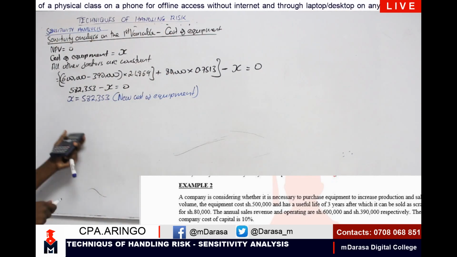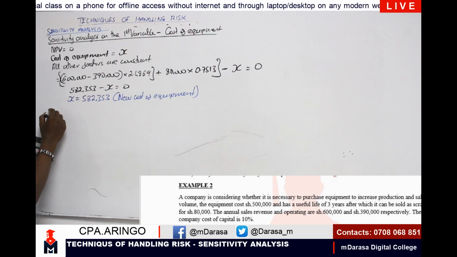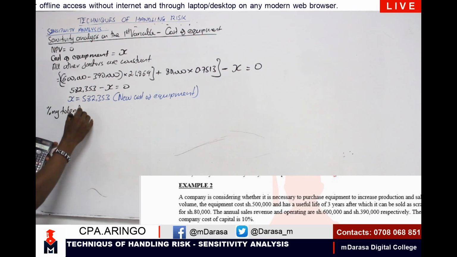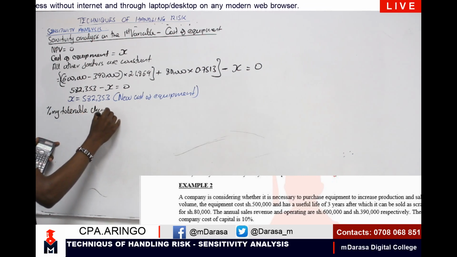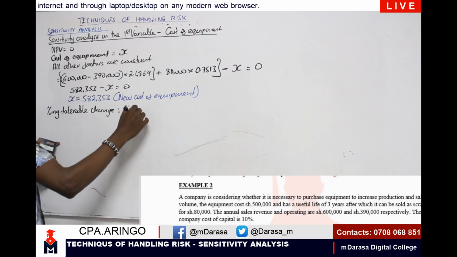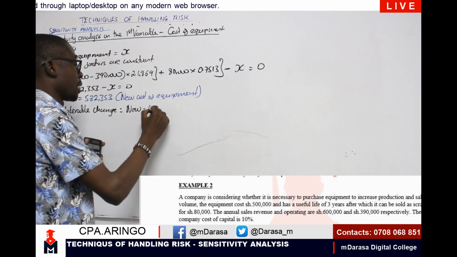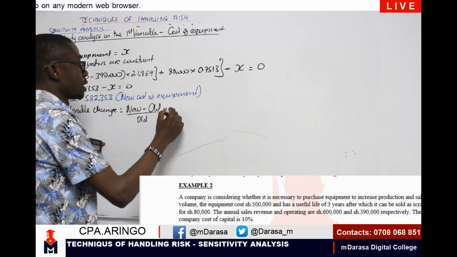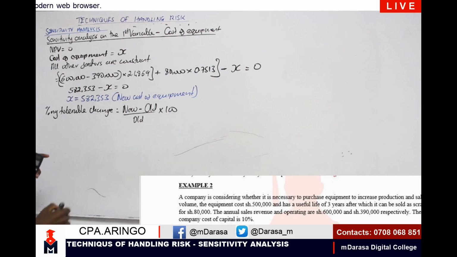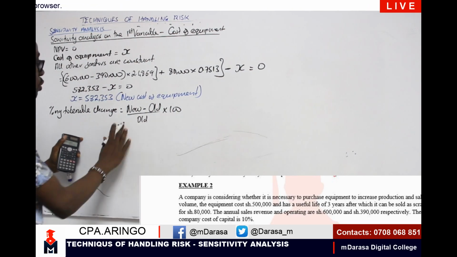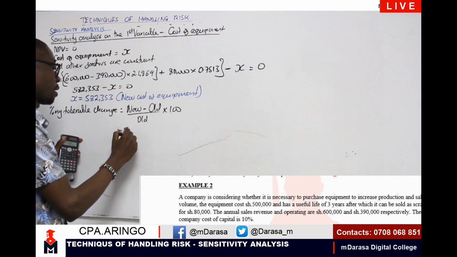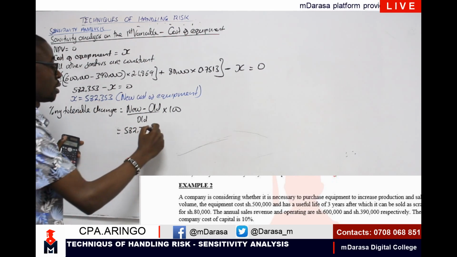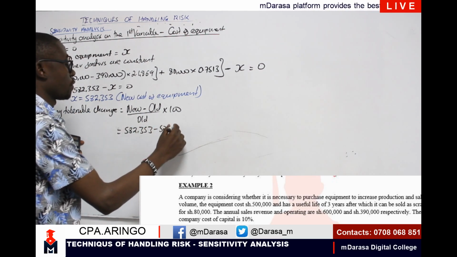So how will you determine our percentage change? That will be easy. For the percentage tolerable change, I'll take our new variable that we've computed minus our old variable, divide by our old variable, times 100. The new variable is 582,353, our new cost of equipment, minus the old cost of equipment, which was 500,000.